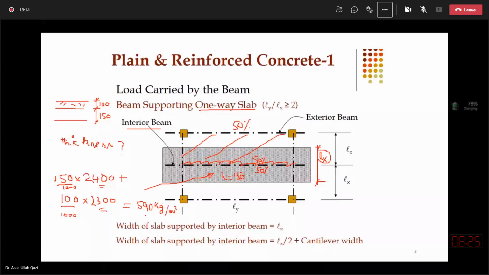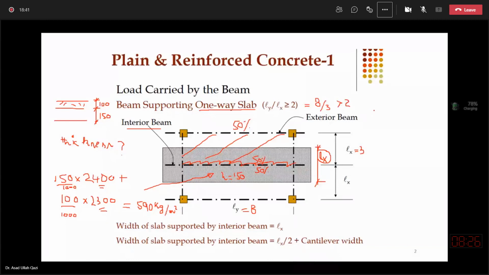Just for the sake of discussion, let's assume Lx is 3 meter and Ly is 8 meter. So the Ly over Lx ratio will come out to be 8/3. So it will give you the idea it is greater than 2, so it is a one-way slab.